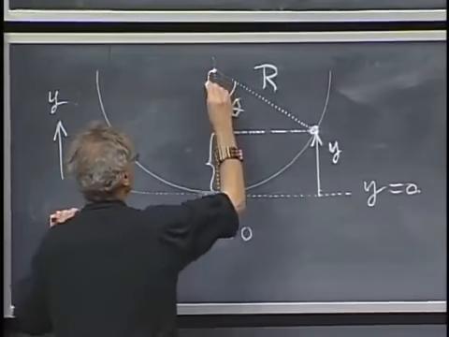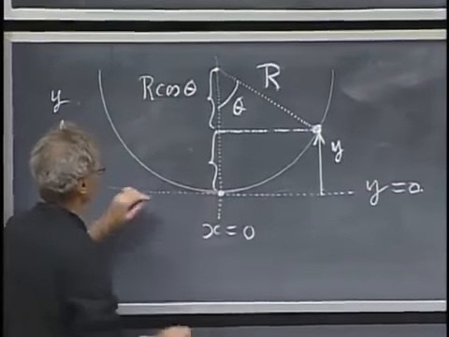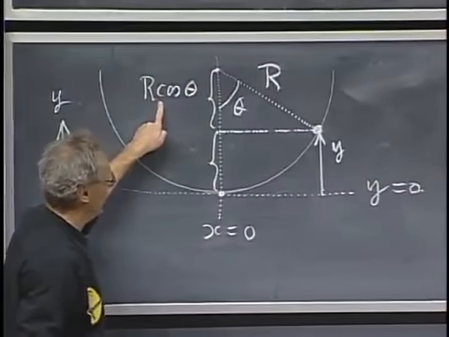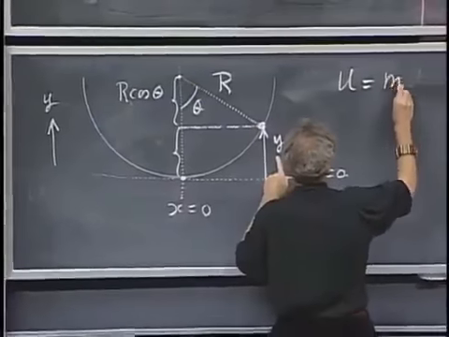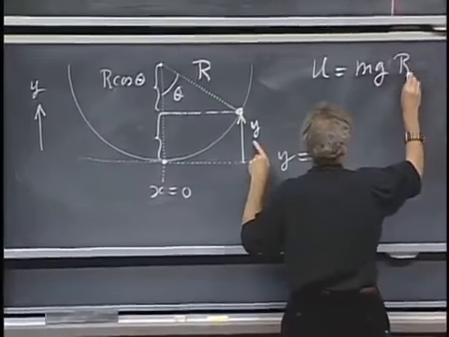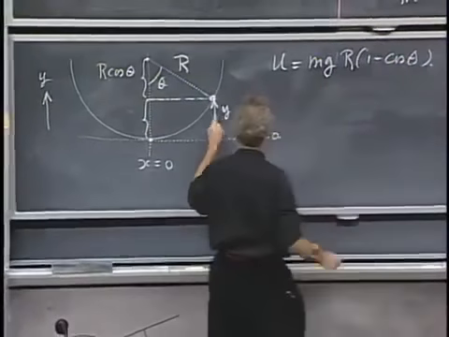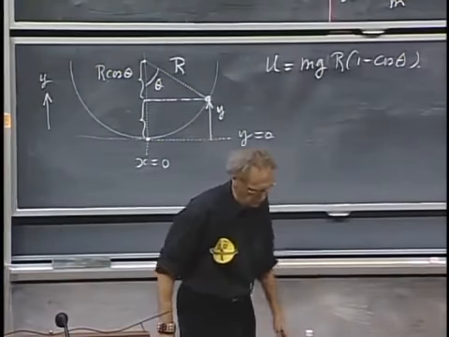This one here equals r cosine theta, and so this one is r minus r cosine theta. So the potential energy equals mg times r times (1 minus cosine theta), if I choose 0 there. I'm free to change that, but that's, of course, a logical thing to do here.